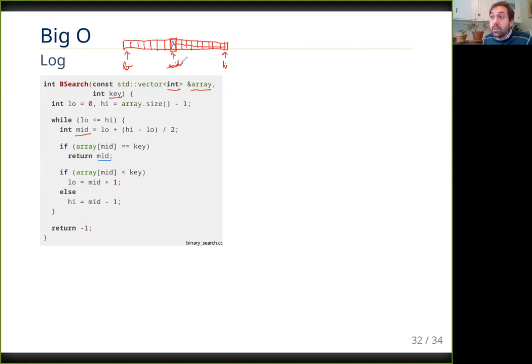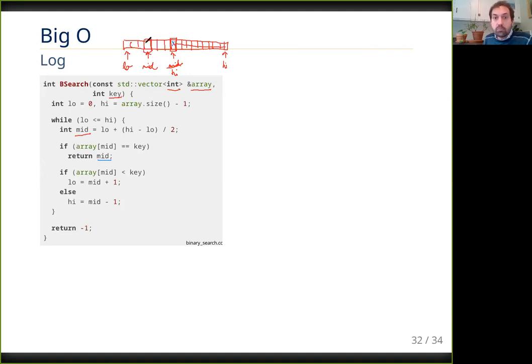And so this guy here would become the new high. And we do the binary search again on the remaining half. So once again, we'd go for the middle item, we'd look, is that the one or not?